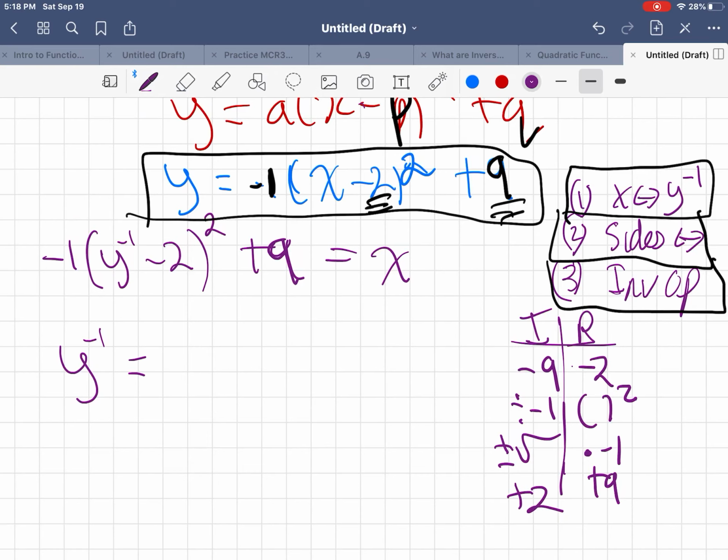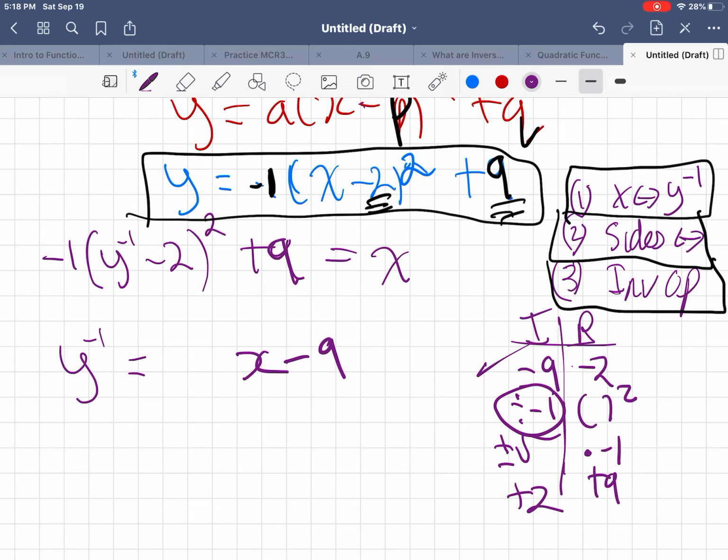Okay, so now we can go through this. So we're going to have x, and the first thing we're going to do is minus 9. The next thing we're going to do is divide by negative 1. Dividing by negative 1 is the same thing as multiplying by negative 1. It just changes the sign. Like 10 divided by negative 1 is negative 10.